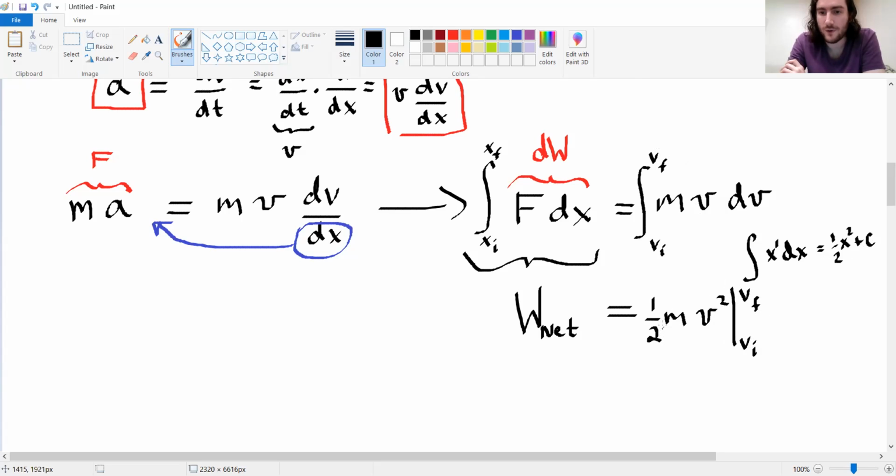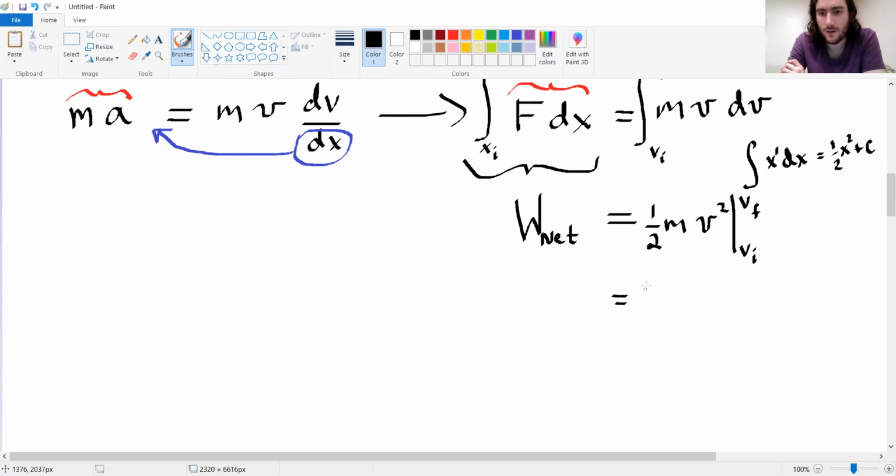And remember, we have to subtract those two. So we end up with 1/2 m (v final squared minus v initial squared), which gives us the expression that we're looking for, 1/2 m v final squared minus 1/2 m v initial squared.